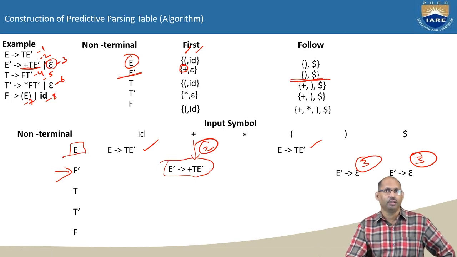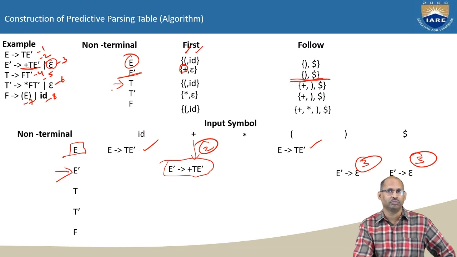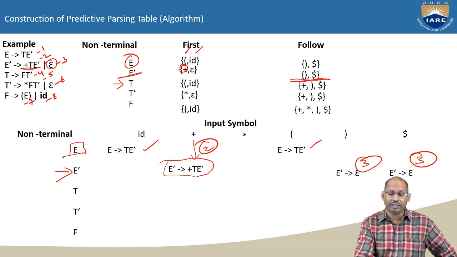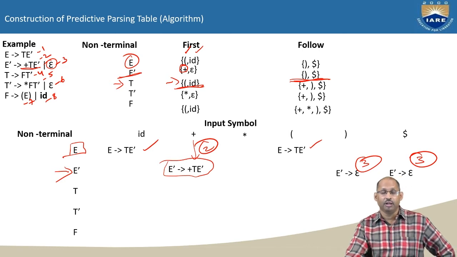Now, for the fourth production, T is equal to FT dash. So what is the first of this variable? Left parenthesis, id.